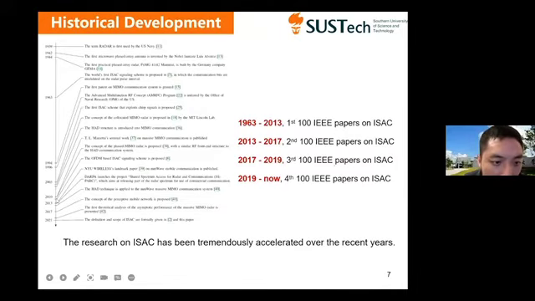And in 2011, there is a very important paper which exploited OFDM-based ISAC signaling, using OFDM communication signals to do sensing. This could be the very first work on this technique.